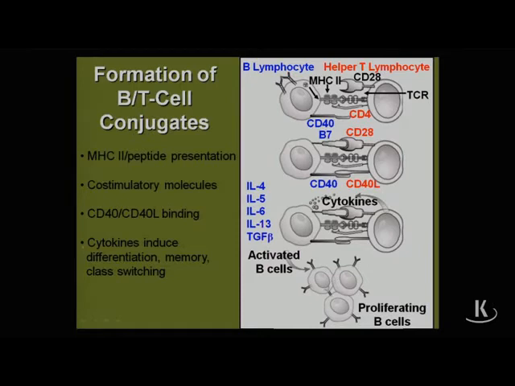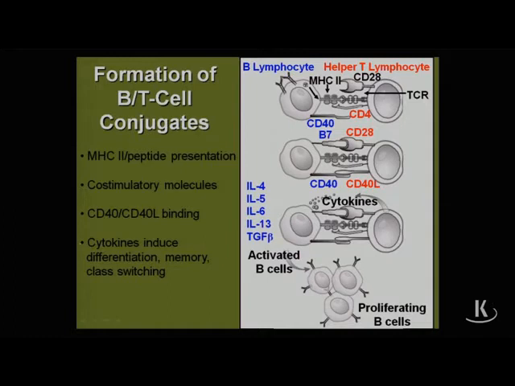Now, another molecule that's important in this interaction is going to be the interaction between CD28 and B7. CD28 is the molecule that's on the T cell, B7 is on antigen presenting cells, and that's really what the T cell needs to become activated, okay? What the B cell is looking for from the T cell is the CD40 ligand.